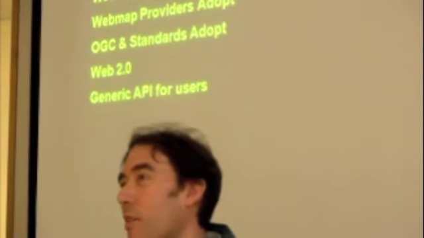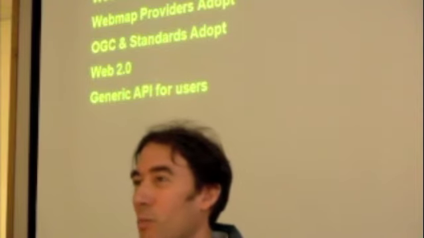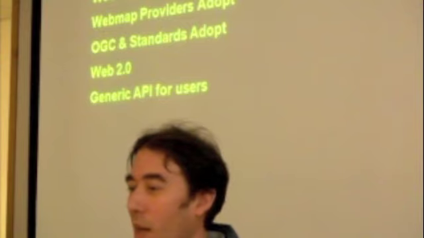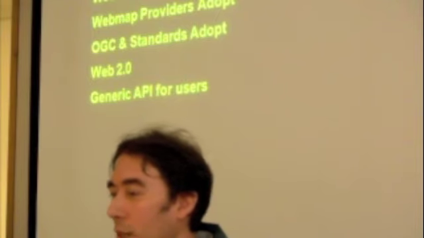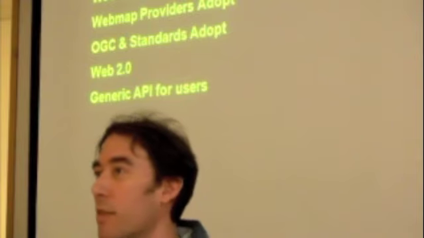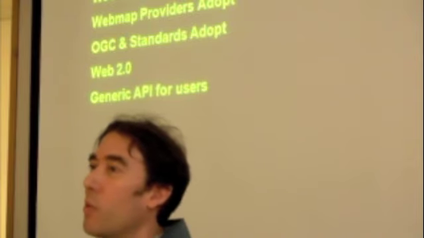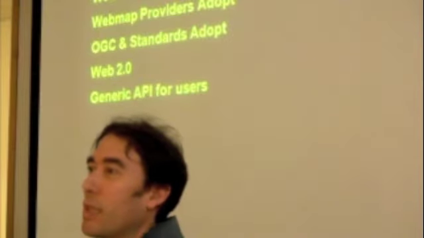The pros are that it's really great, it's Web 2.0. It's really simple to automate these steps and aggregate them in different ways. Most browsers read it. It's a standard, so it's OGC compliant, and there's a lot of generic APIs for it. The things that are bad are that you have to load the whole input file into the browser because it's basically JavaScript.